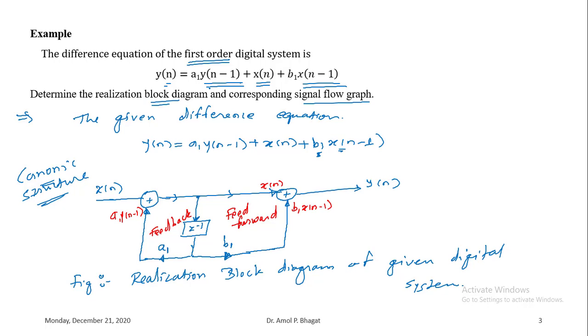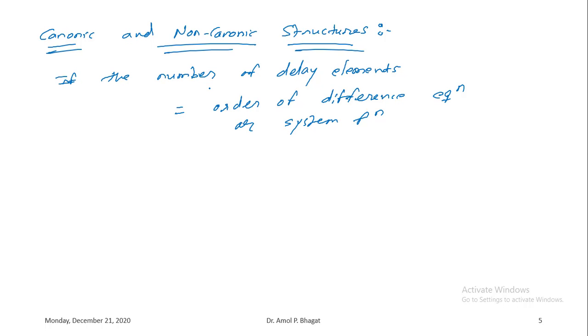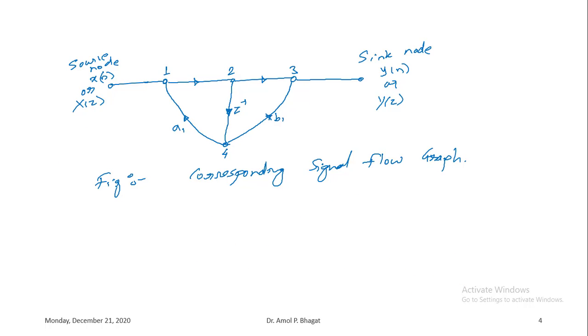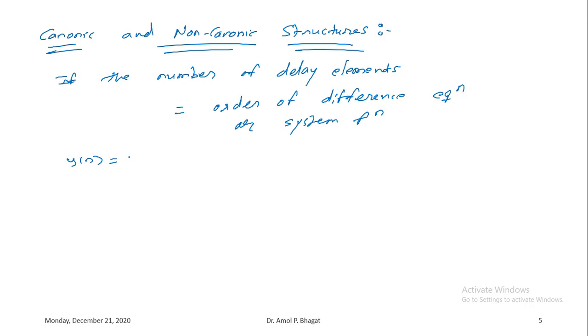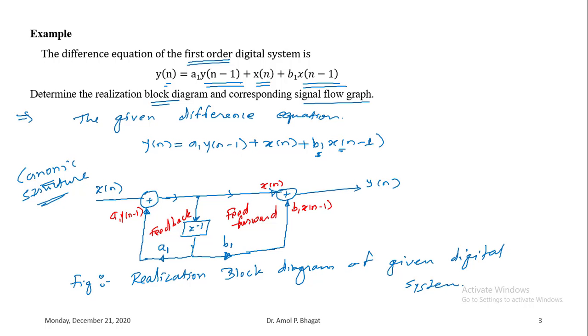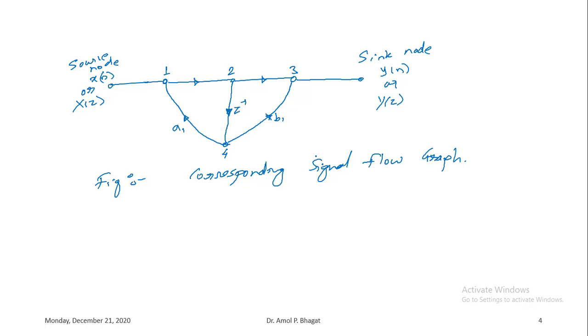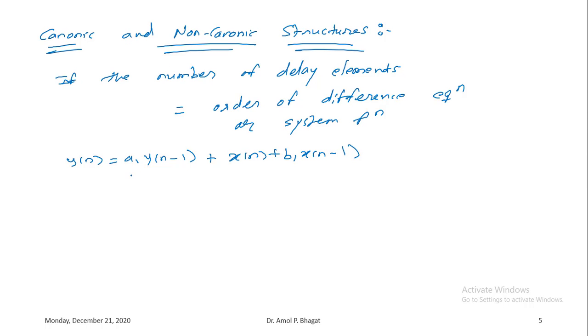Our difference equation is of order 1. So just for example, if we are using the same difference equation, it is y of n is equal to a1 y of n minus 1 plus x of n plus b1 x of n minus 1. Okay, so the same difference equation is there, but we can obtain some different realization structure.